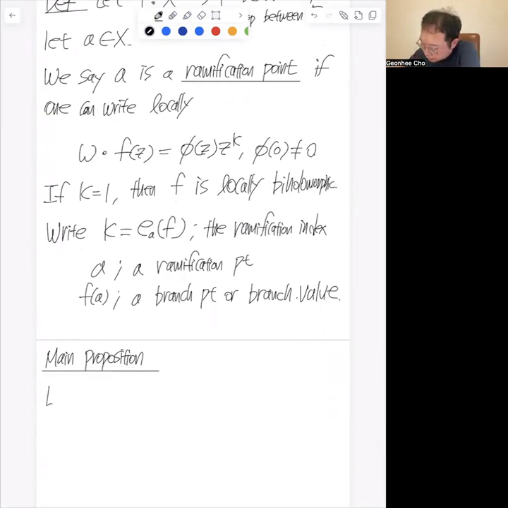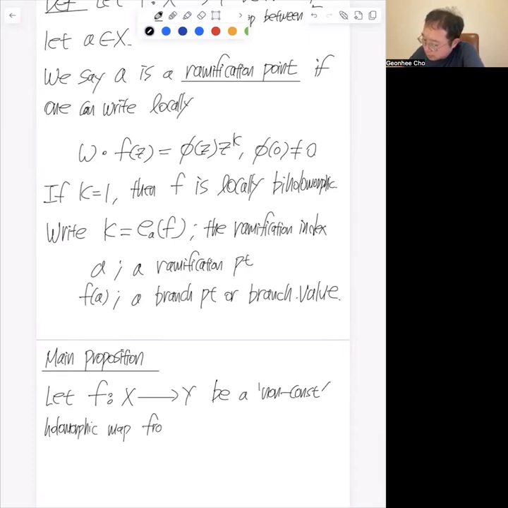We have a map from X to Y. Let's assume this is a non-constant holomorphic map, to be able to apply the open mapping theorem, between two compact Riemann surfaces.